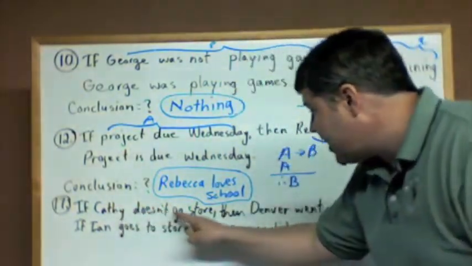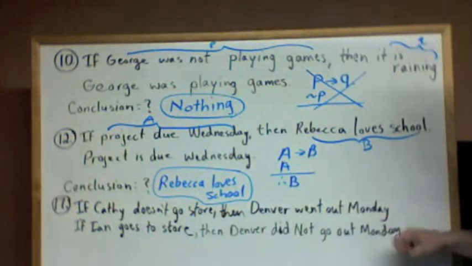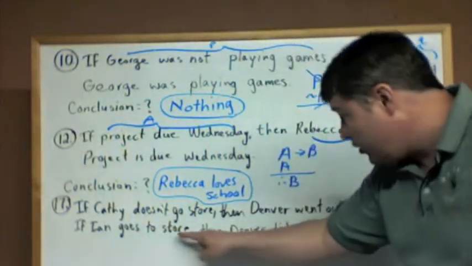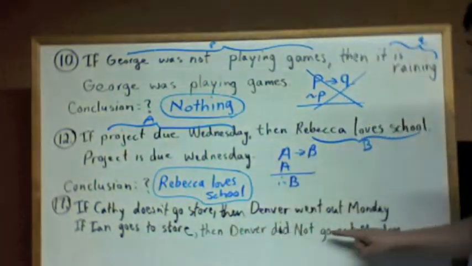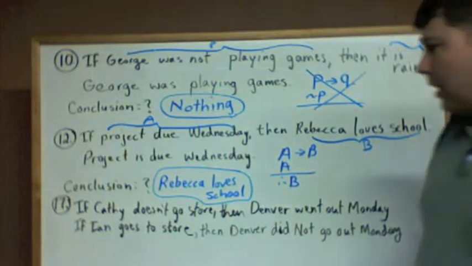If Kathy doesn't go to the store, then Denver went out Monday night. I didn't put night on there. I'm abbreviating here. If Ian goes to the store, then Denver did not go out Monday night. All right.